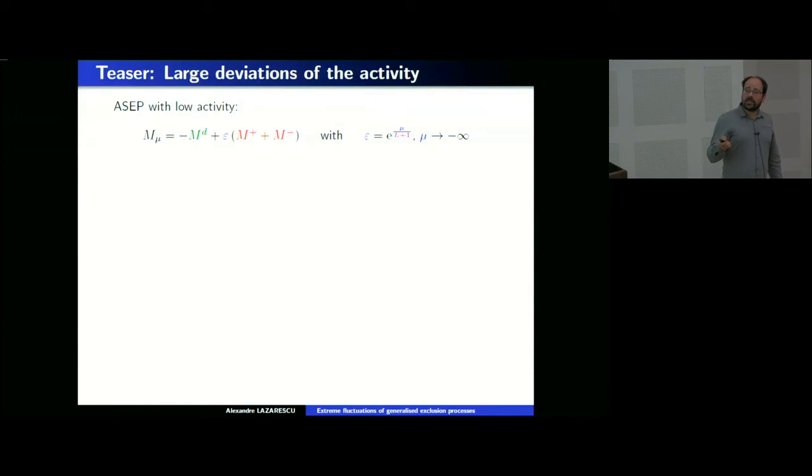In that case, I look at the limit of low activity. The biased Markov matrix still has that constant diagonal part, because I'm only looking at transition quantities, and then has a small epsilon with m plus and m minus in here.